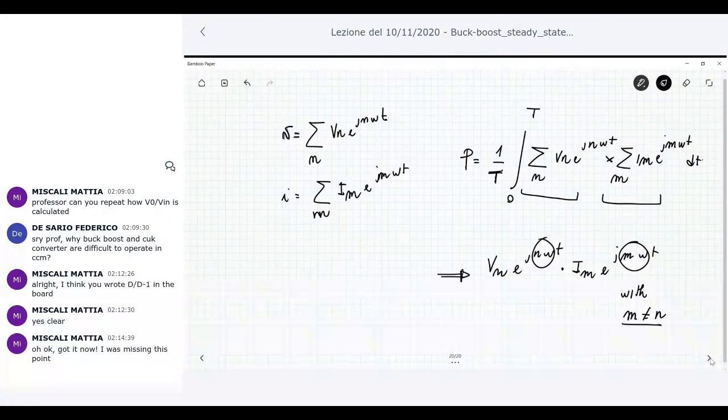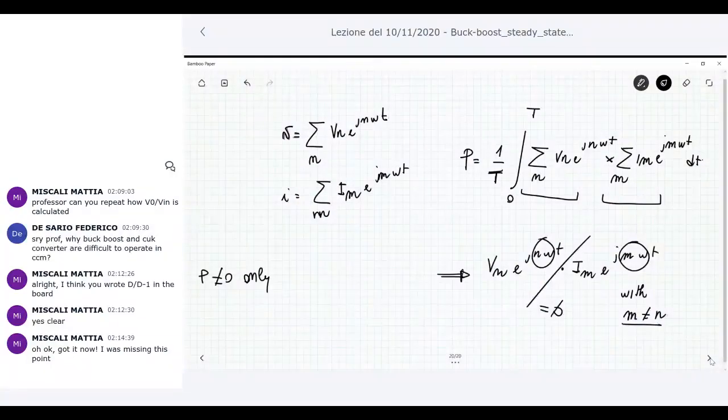And you have to integrate from 0 to T. When you get this kind of integral, this kind of product gives over the period T a contribution which is null. So the only contributions that bring a non-null power are the multiplications of components of the voltage and current that have the same frequency.